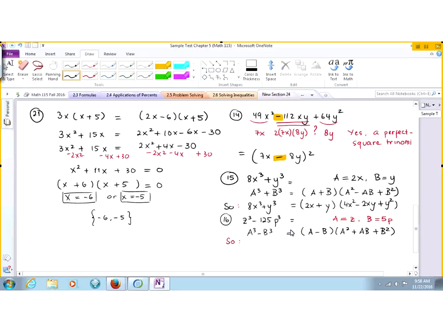So z cubed minus 125p cubed is a minus b, which is z minus 5p, times a squared, which is z squared, plus ab, which is 5pz, plus 25p squared. Alright, easy? Now 17.